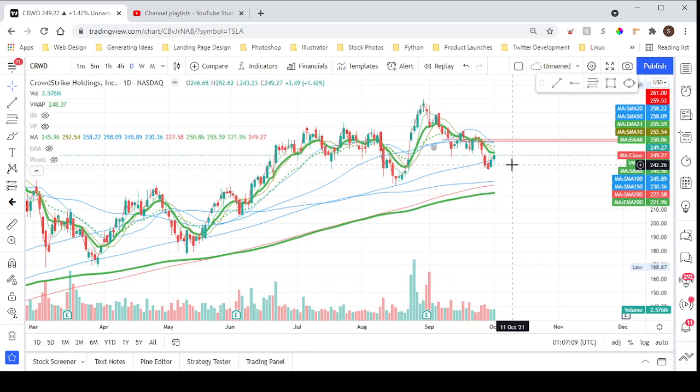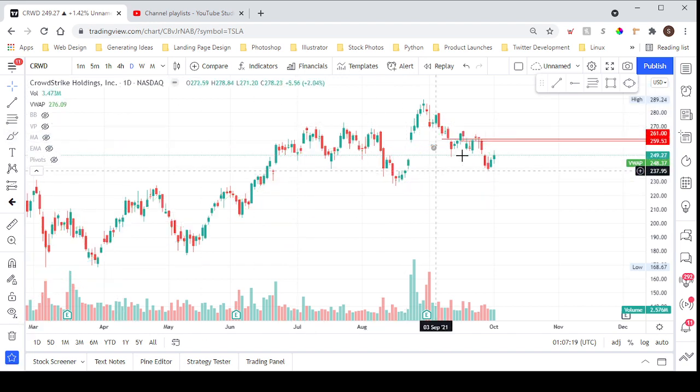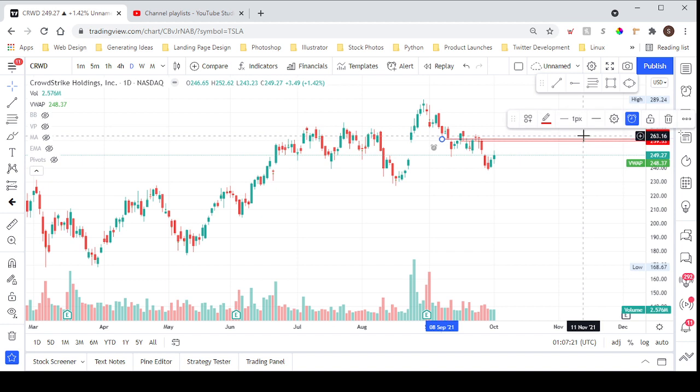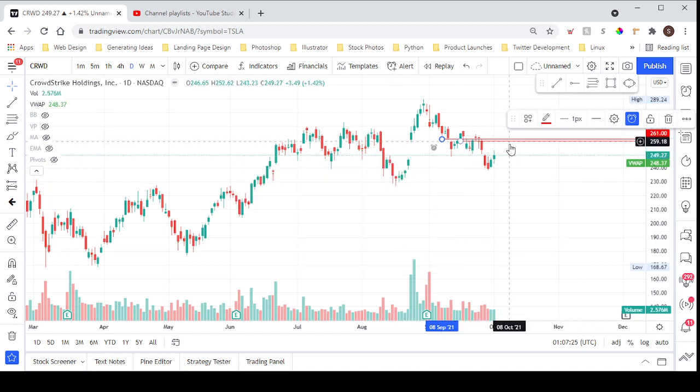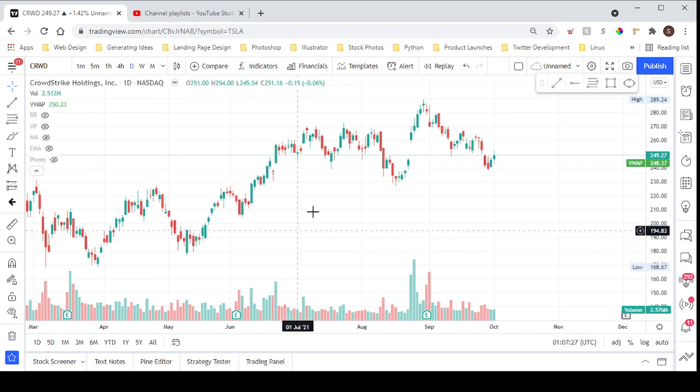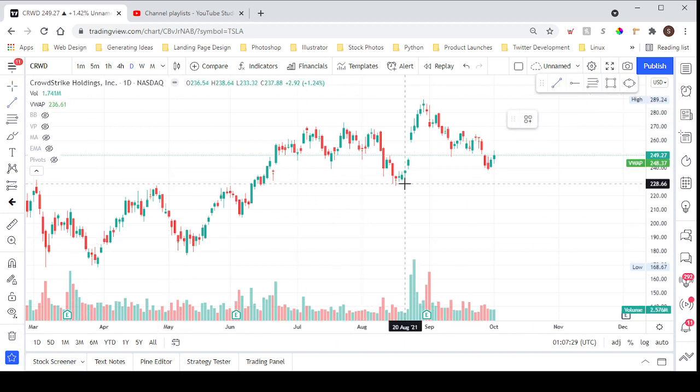Crowd. Okay, kind of a pin bar forming there. Let me get the moving averages out of the way so that you can see it. Let me just turn off my moving averages, and let me just clear the drawings. All right, and let's start drawing some lines here.